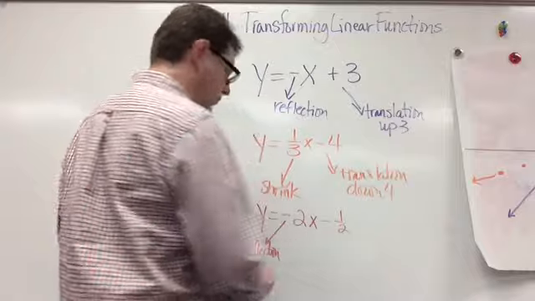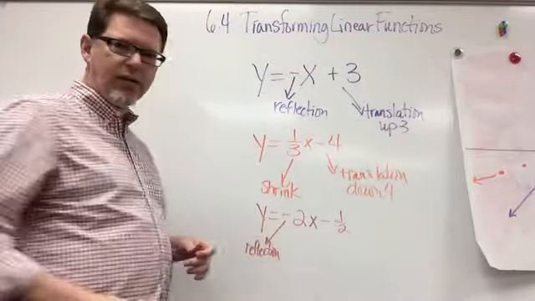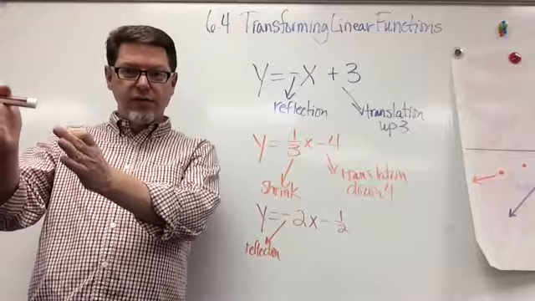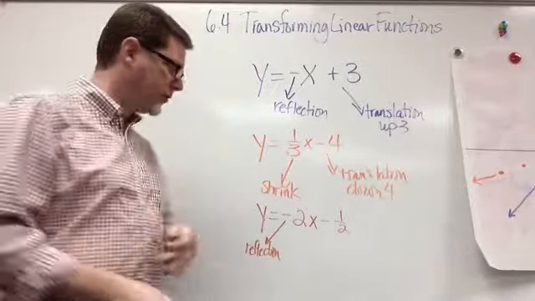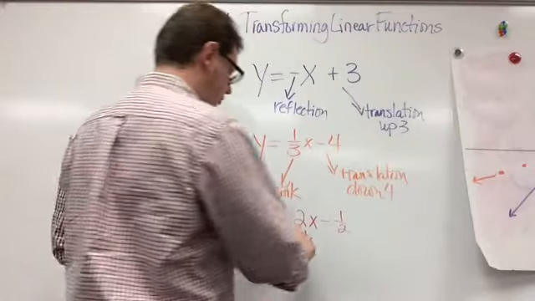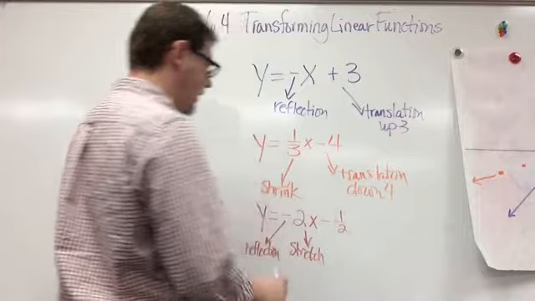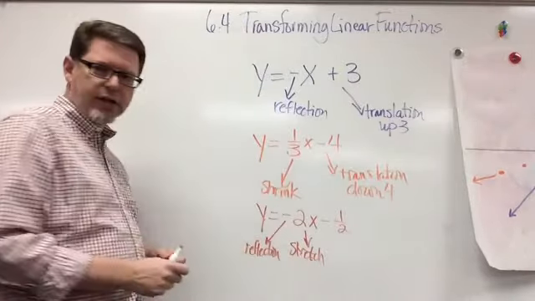Anytime you have a negative slope, it's a reflection. The 2 on the slope, even though it's negative 2, the absolute value of that is positive 2, so the absolute value of my slope is bigger than 1, so that means it is a what? Stretch. Because the fraction was a shrink, bigger than 1 is a stretch.